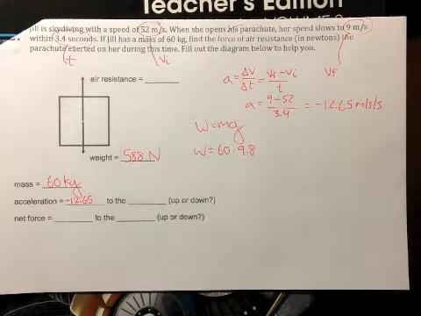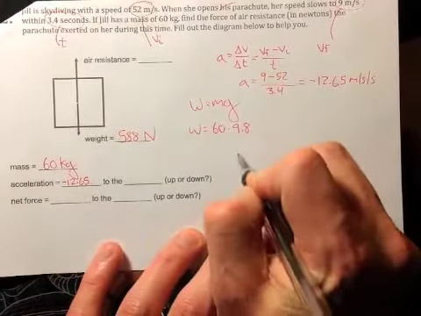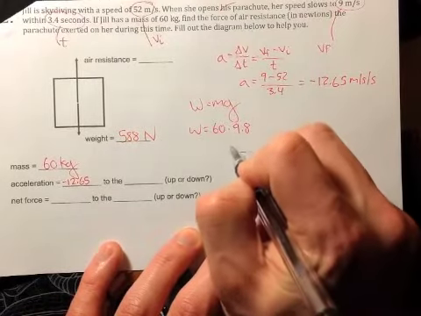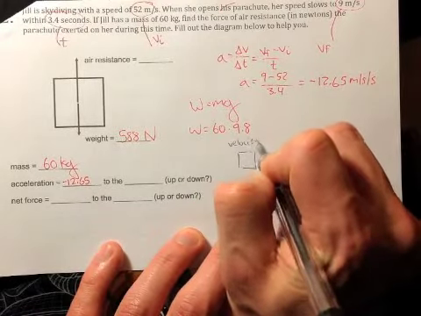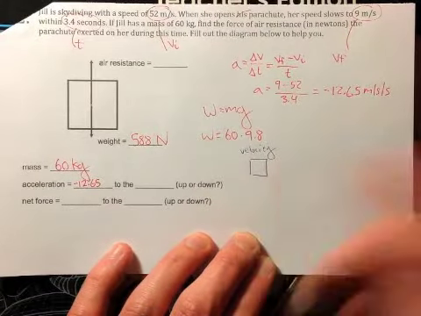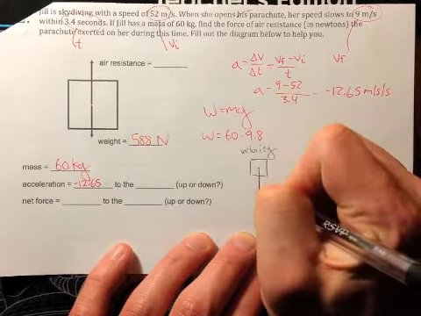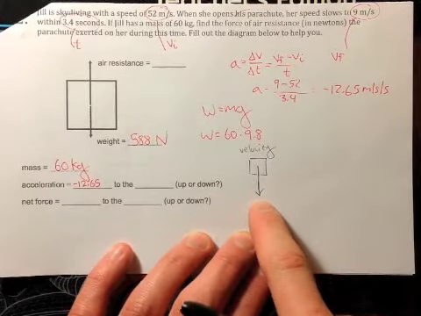Now, if she's slowing down, actually, let us quickly draw a different kind of diagram here. This is going to be her velocity diagram. Now, you know that she's falling. Okay, she just jumped out of a plane. She's falling, so she's going down. Her velocity points down.